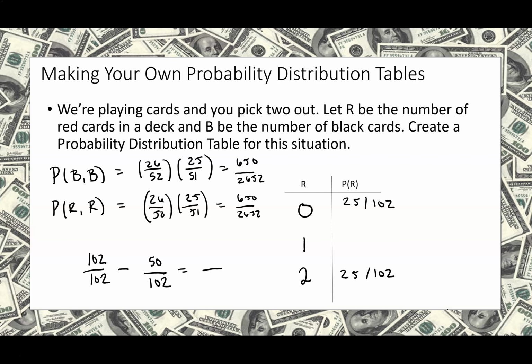We've got to keep that common denominator of 102, and I'm left with 52 on top, and that's not reducible. Oh, it looks like it is reducible. 52 over 102, that can be divided by 2, and that's going to give me 26 over 51. And if you look at these, this is pretty close to a fourth, pretty close to a fourth, pretty close to a half, but not quite, right, because you're pulling cards out, and that does impact those second pulls.